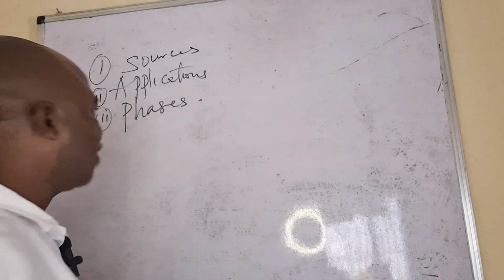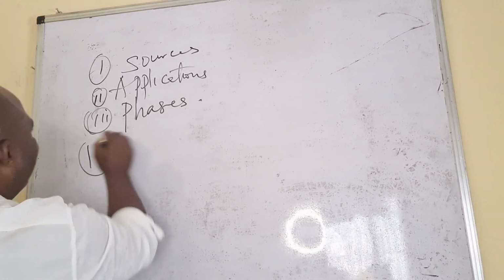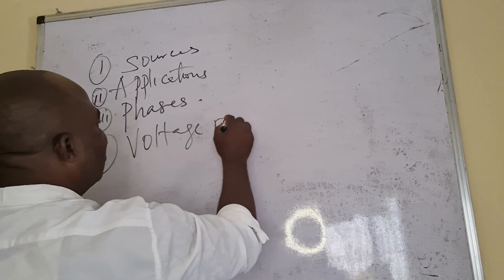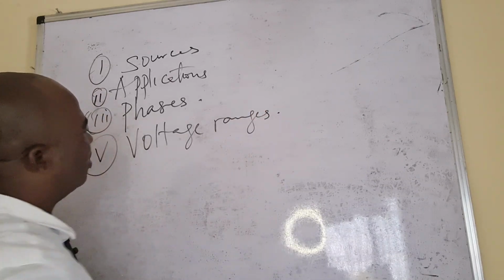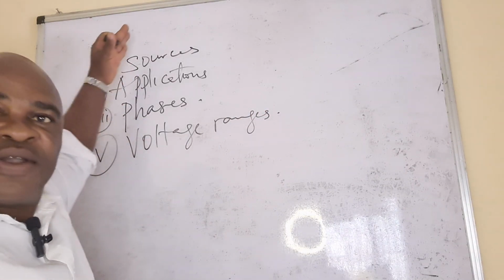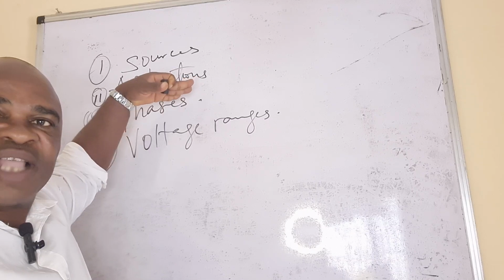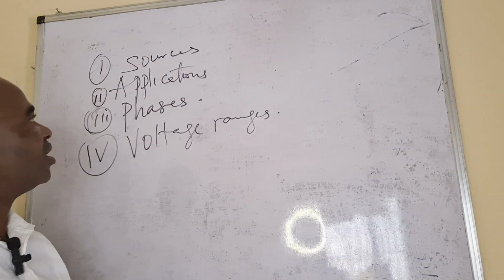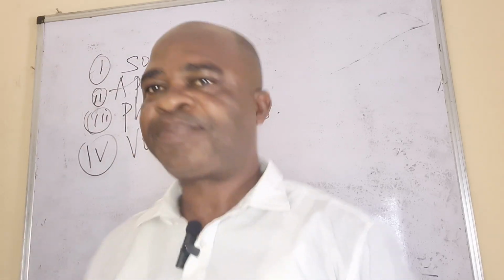Then we have classification based on voltage ranges. So electric power system can be classified under these four. We'll now pick them one after the other.